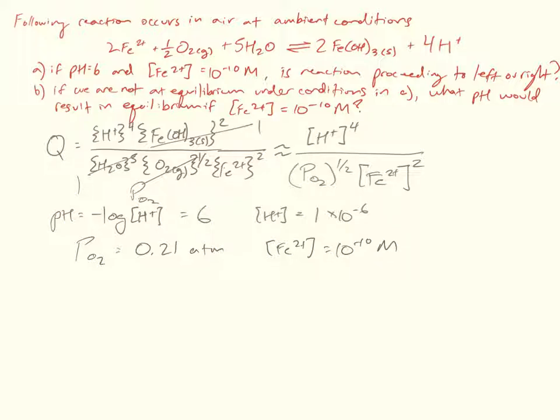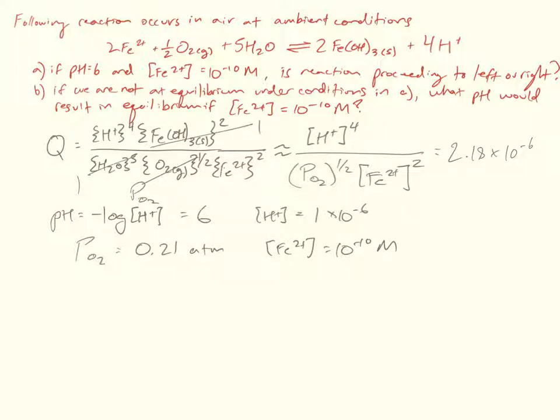So we can plug H plus, the partial pressure of oxygen in air, and Fe2 plus into our equation up here for Q, and we can solve and find that Q equals 2.18 times 10 to the negative 6th.